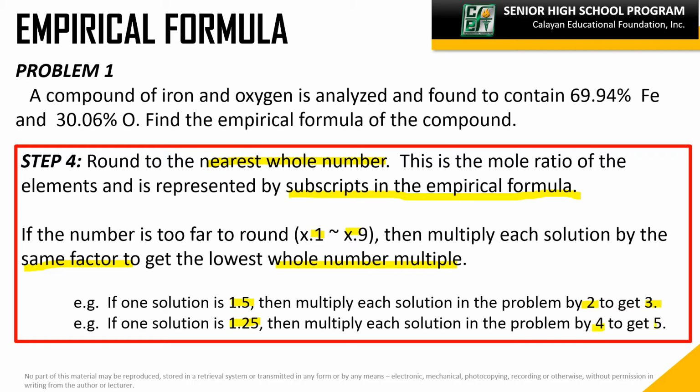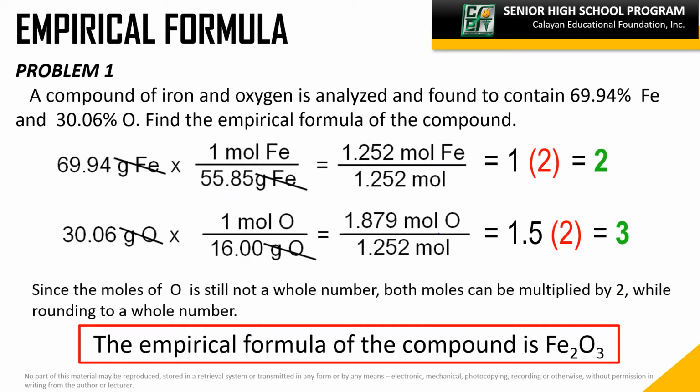the whole number 5. So going back, one of the solutions is 1.5, so we have to convert this into a whole number. Since the mole of oxygen is not a whole number, both moles can be multiplied by 2 while rounding to a whole number.